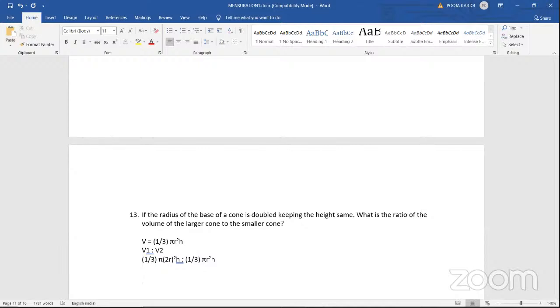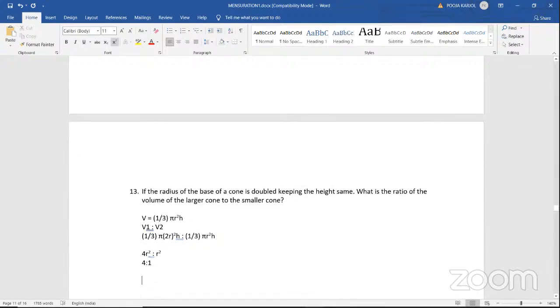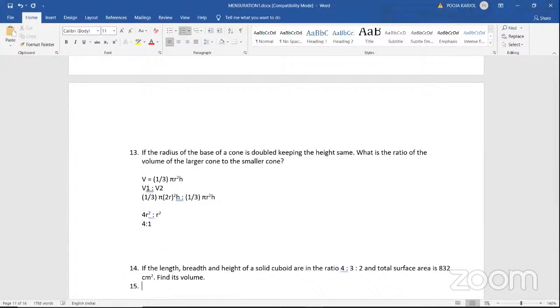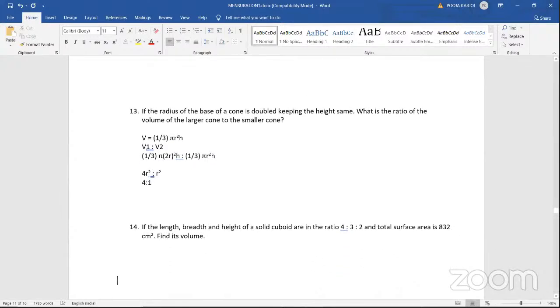So what remains? 4 r square is to r square. R square cancels. So our answer is 4 is to 1. Okay, any doubt in this? No, ma'am. This is a little different, try it.